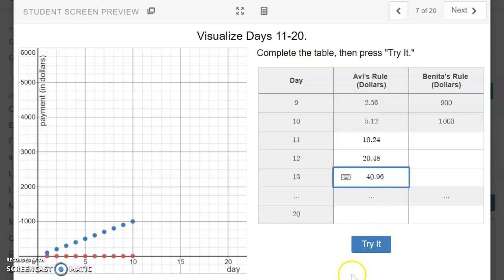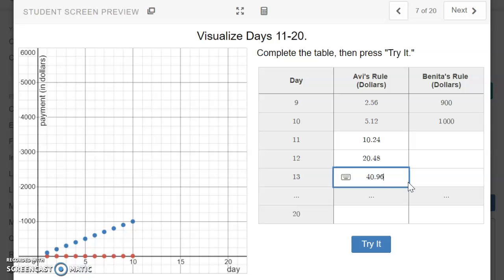Okay, all right, so now we have to do the 20th day. What do we know? We're not going to be calculating all the way because we are not given the table. What do you think we can use to calculate the 20th day? Do you remember geometric sequence?